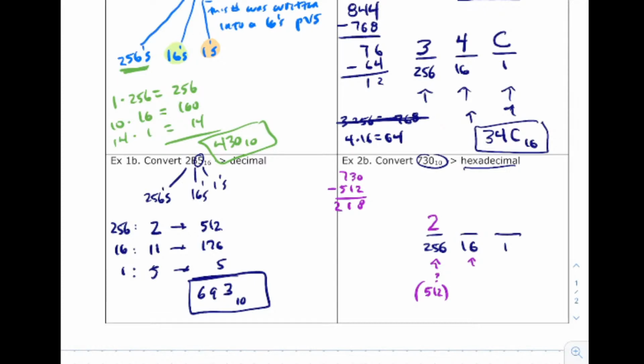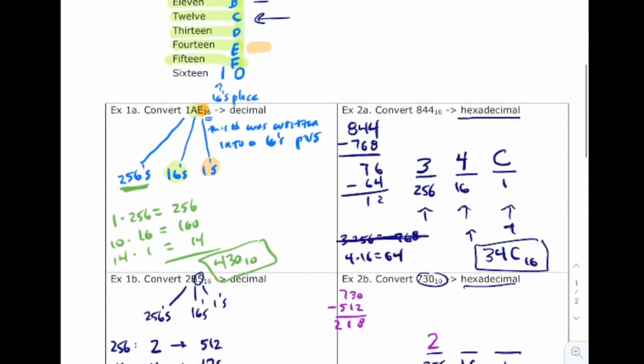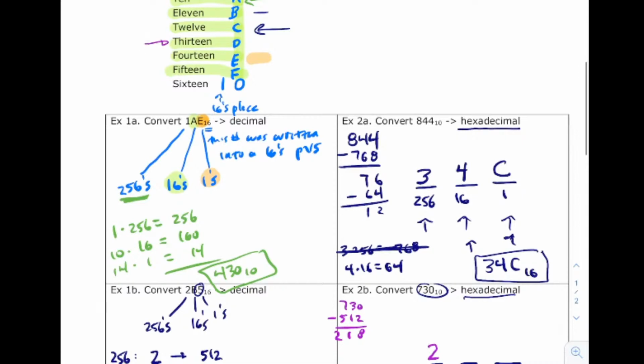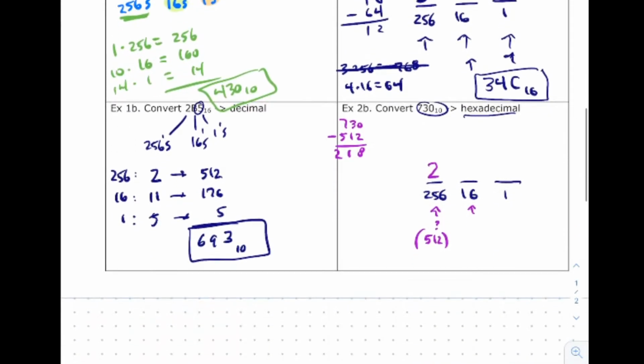This might be where you get out a calculator. I've got 218, I divide it by 16, and it goes 13 point something times. I don't care about the point something. It's a 13. How do you make a 13? You make a 13 with the letter D. So I'm going to go over here, because that's a 13.